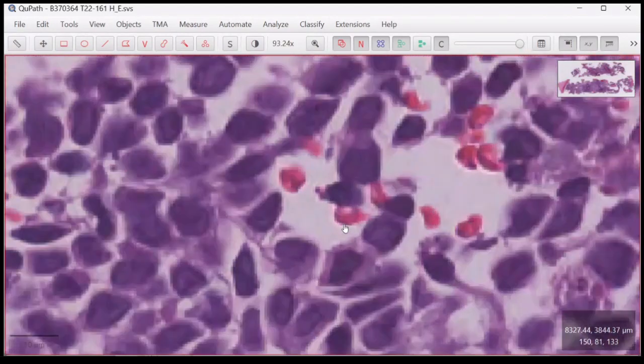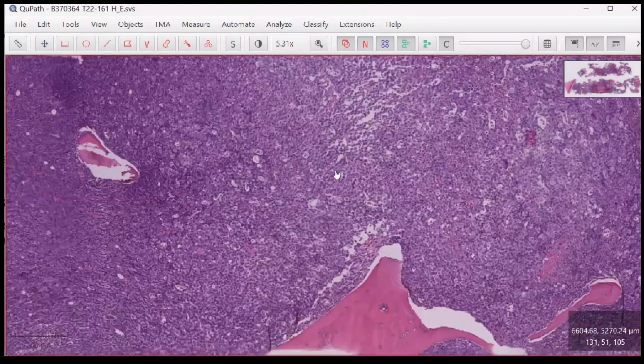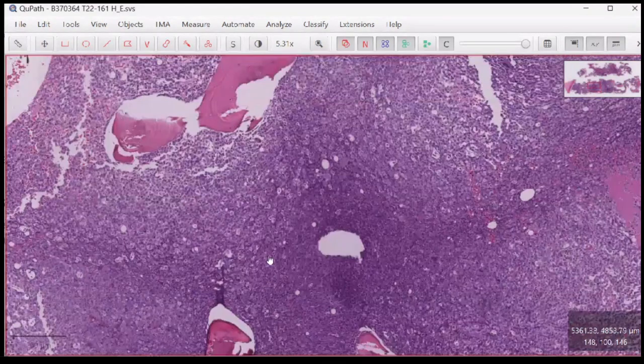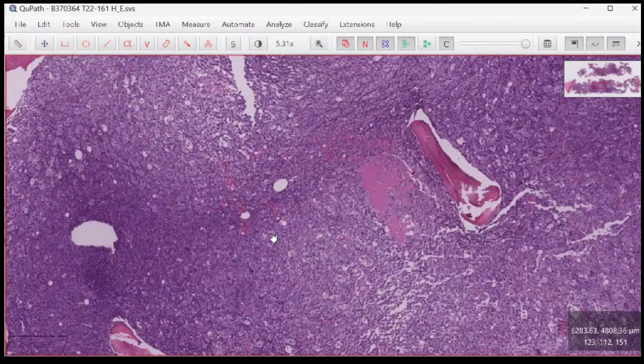Same goes for the erythroid colonies. So the normal hemopoietic precursors are being replaced almost extensively by these cells, no?